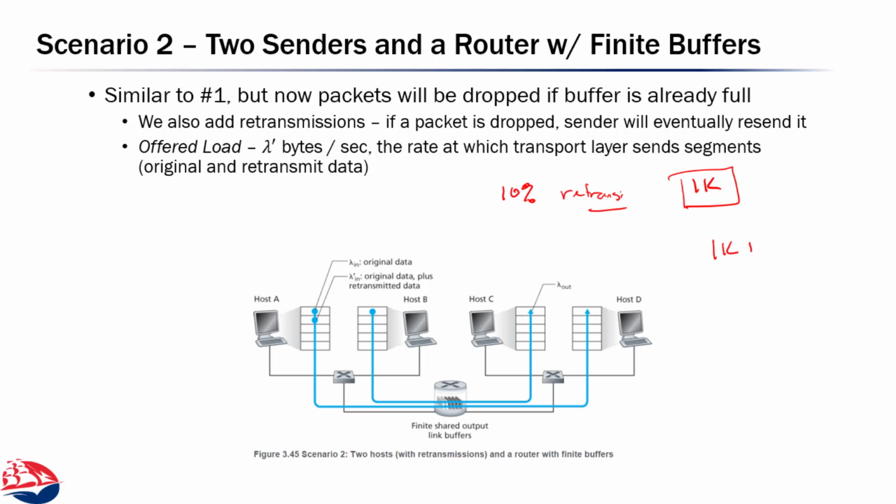So I have 1K plus 10% times 1K. So each packet I send turns out to be 10% bigger on average. And so you can kind of start to see how retransmits can really start to degrade your network performance.